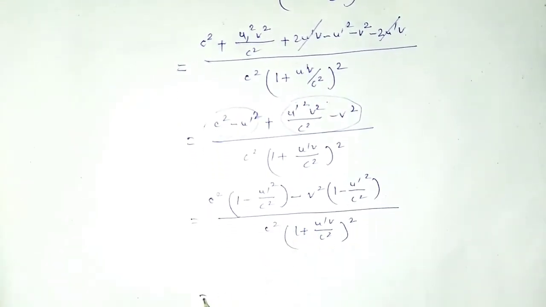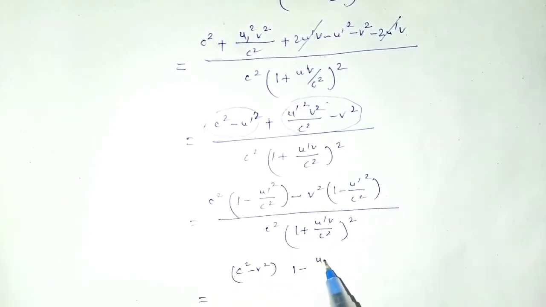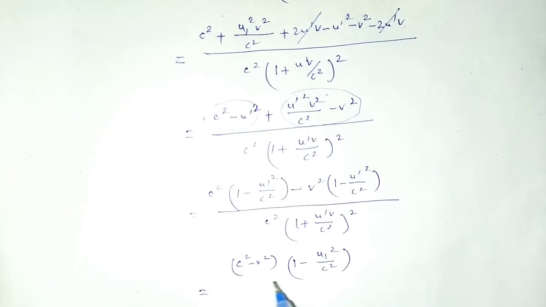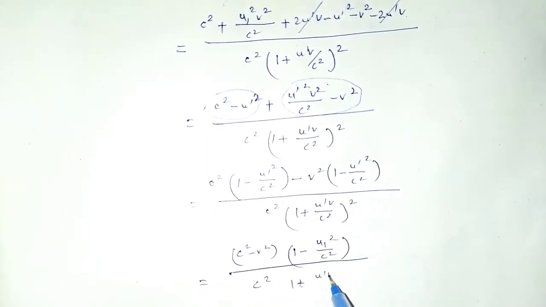Here, taking common c square minus v square and another term, 1 minus u dash square divided by c square, whole divided by c square of 1 plus u dash v divided by c square whole square.